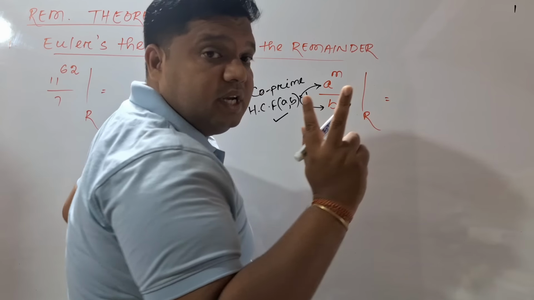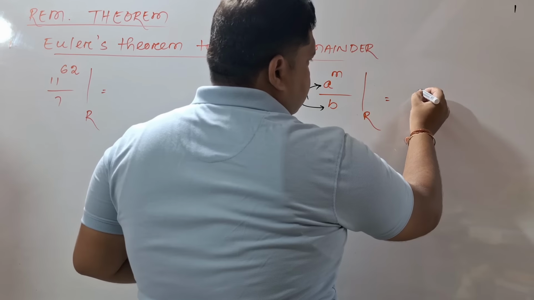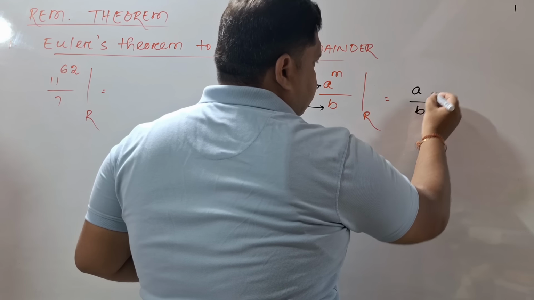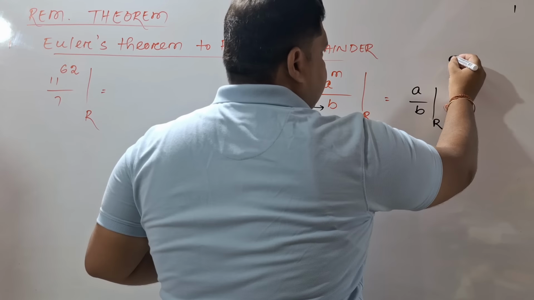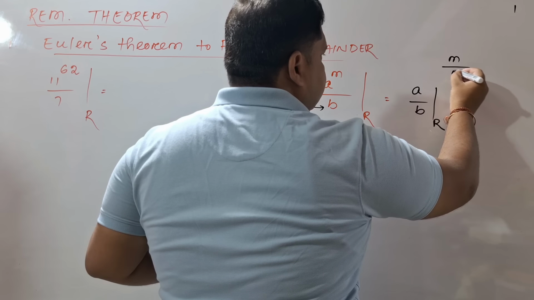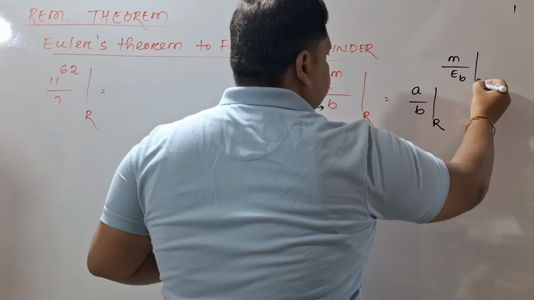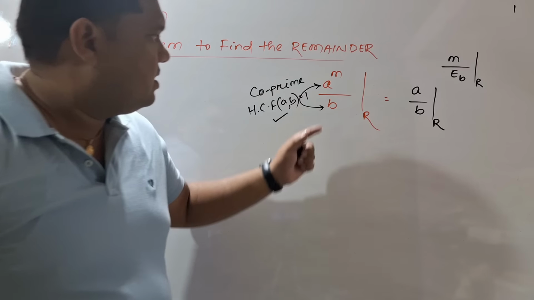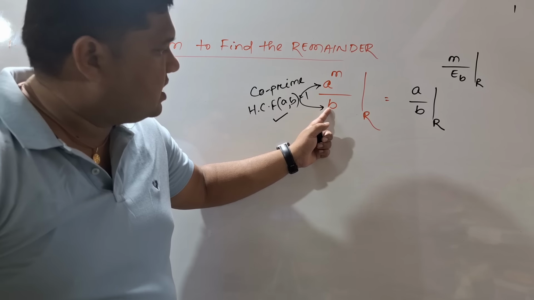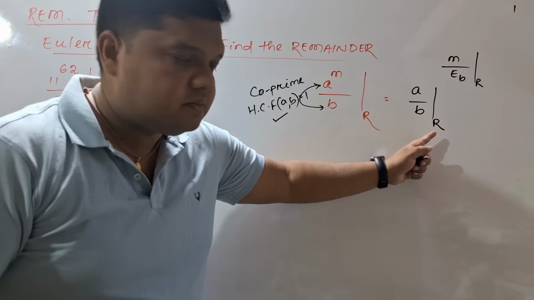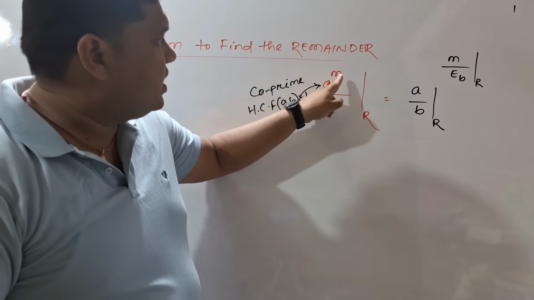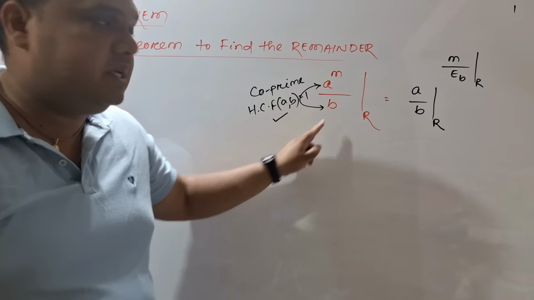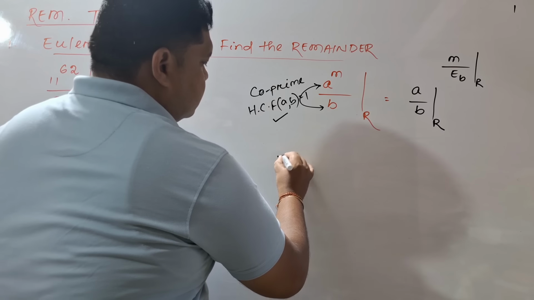Now it has only two steps. Step number 1: when a is divided by b, find the remainder. Step 2: the power is m here; when m is divided by Euler's number of b, find the remainder. And how to find Euler's number?